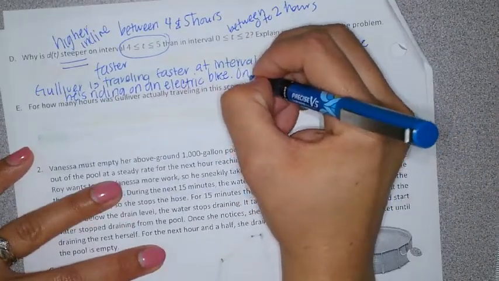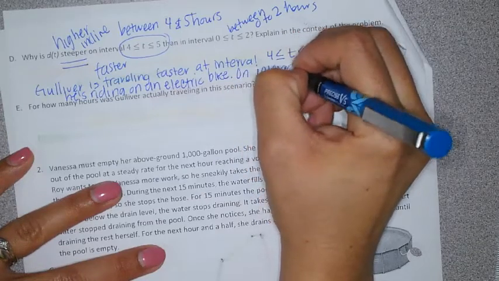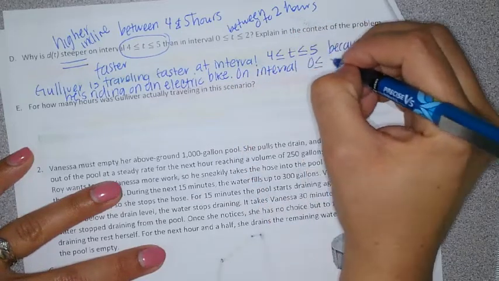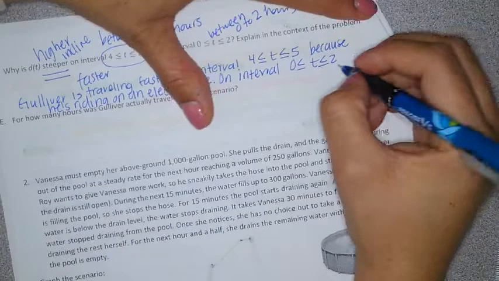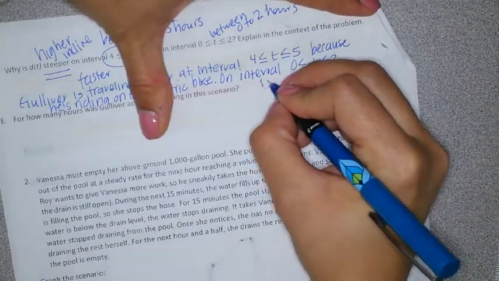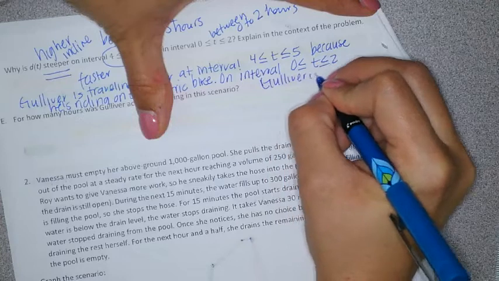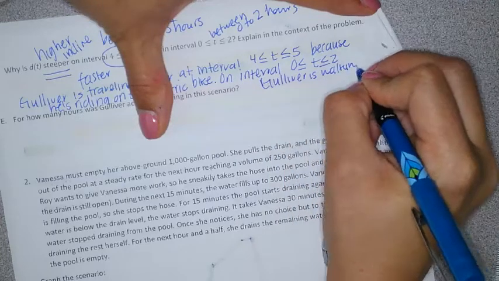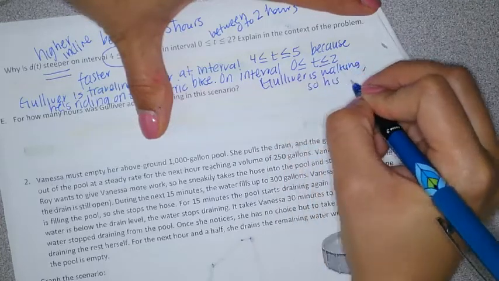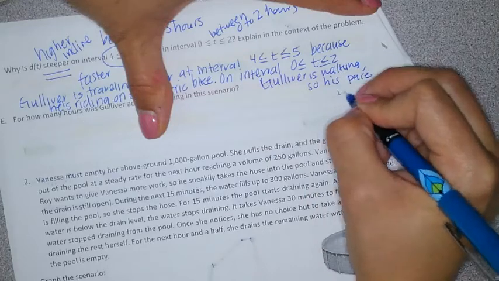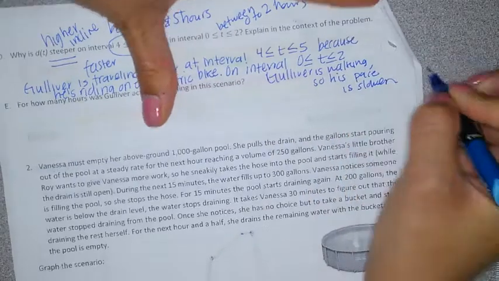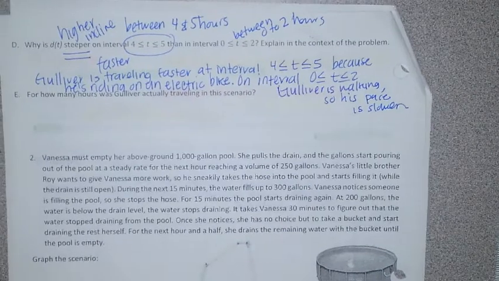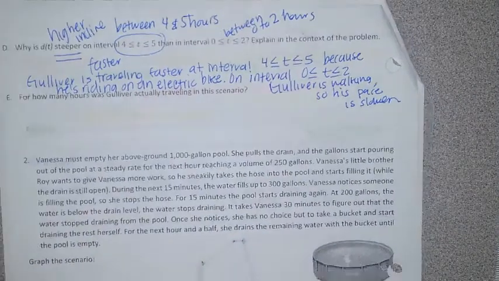On interval 0 to 2 hours, Gulliver is walking. So his pace is slower. Okay, so that would be the explanation, something like this, in your own words, or exactly like that, for letter D.